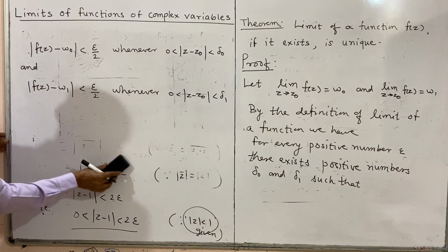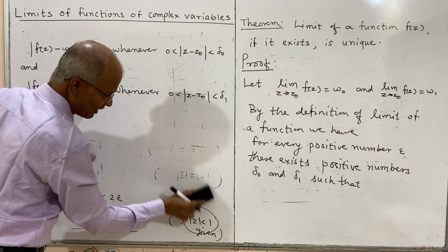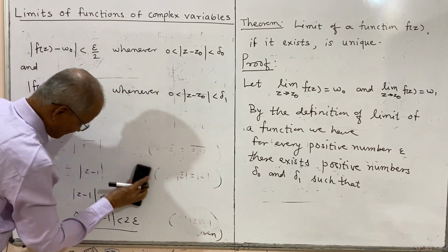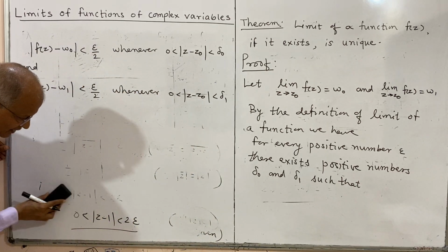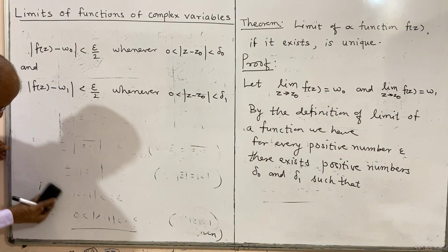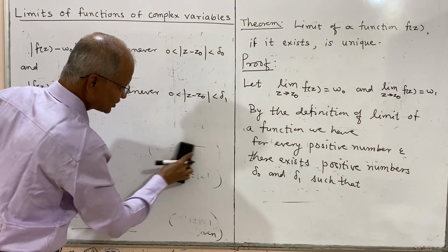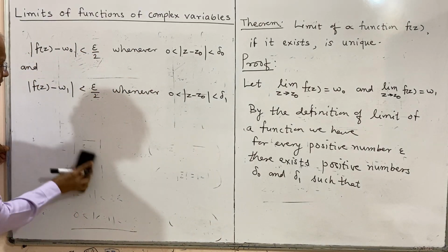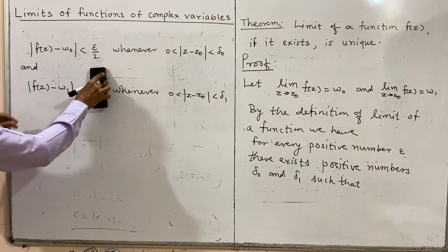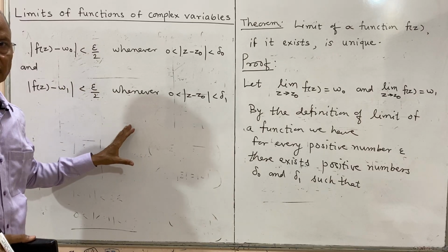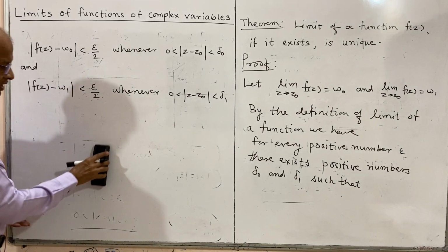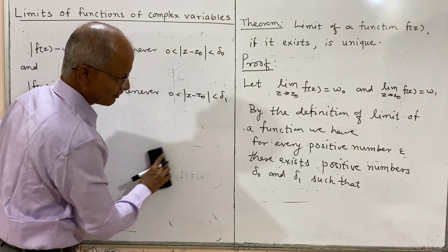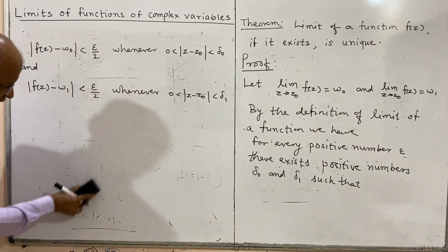Why we have taken epsilon by 2 will now be clear, because we want to combine the two conditions, and in the final condition we will obtain epsilon. We can write this because epsilon is arbitrary. Arbitrary means any positive number, however small it may be.